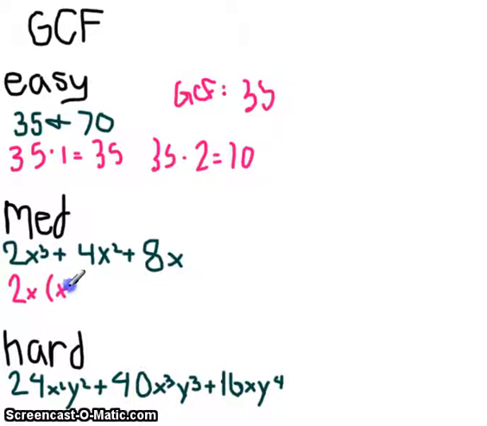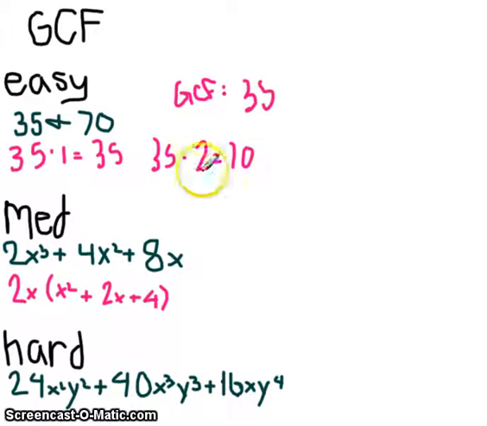So we have an x squared left, and then we have a 2x, and then we have a 4. So the 2x is our greatest common factor, like I said, and if you want to check your work, you can distribute the 2x back into everything, and you will end up with the 2x to the third plus 4x to the second plus 8x.